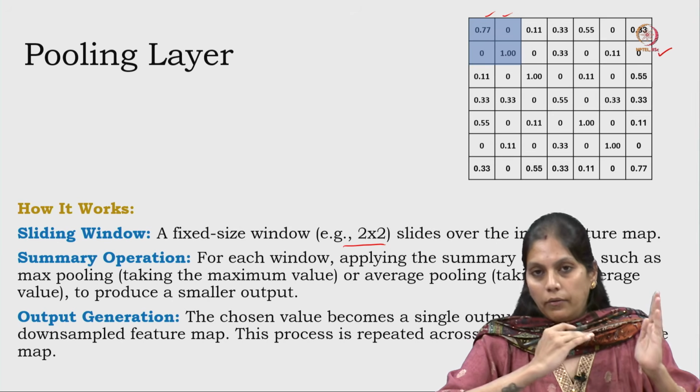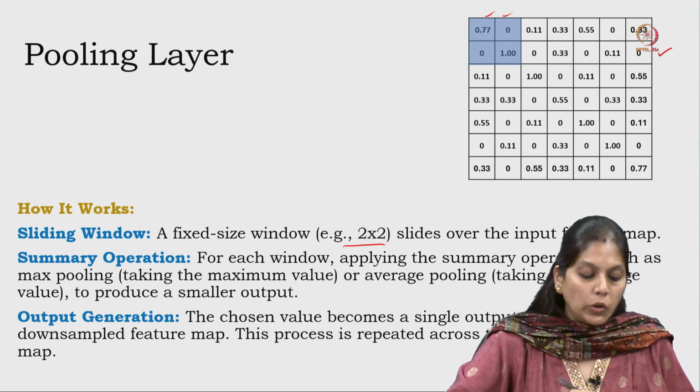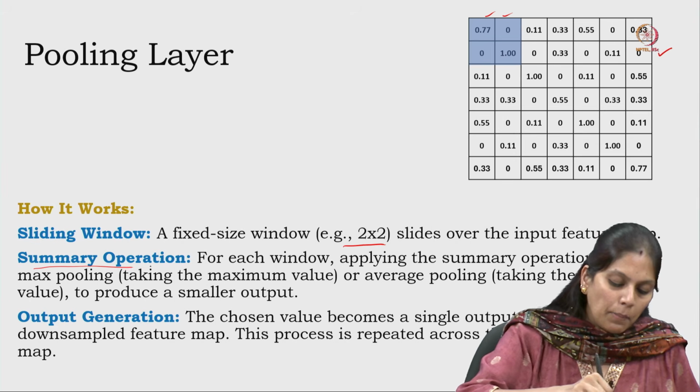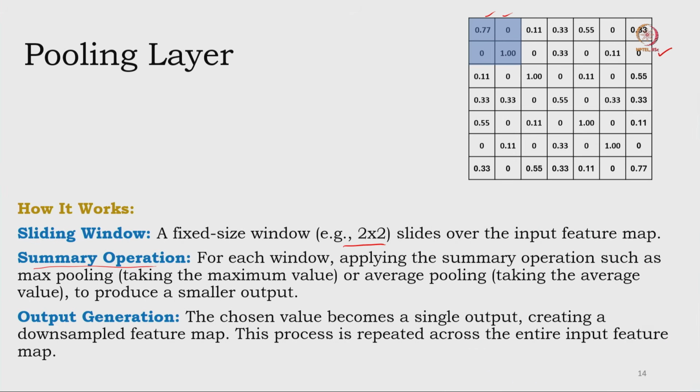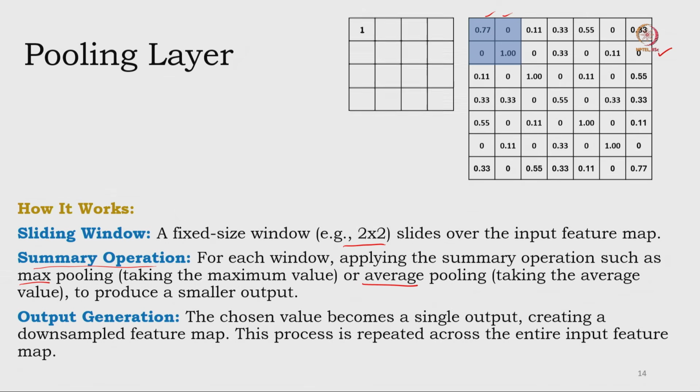Once you take a window, what are we going to do? We are performing a summary operation. What is a summary operation? Out of these 4 values, either I will apply maximum, or average, or minimum. For example, if I apply max, what is the maximum among these 4 values? The maximum value is 1.